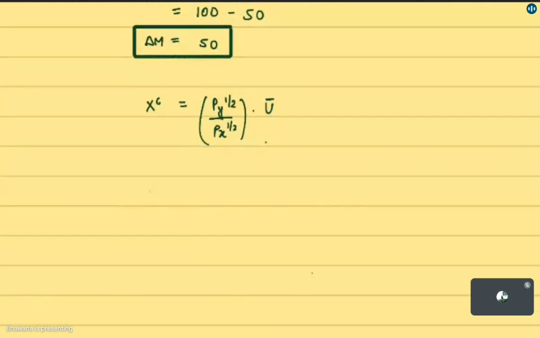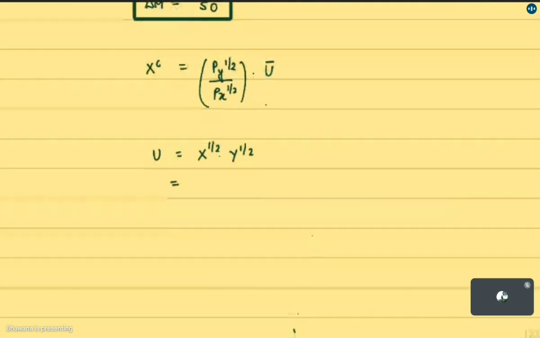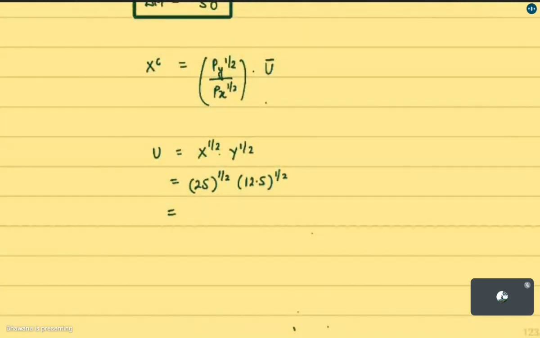तो first, level of utility कैसे derive करते हो? You are given this x half and y half. आप जो भी आपका x and y है आप उसको put करते हो. आपका x 25 है and your y is 12.5, right? We'll solve it.